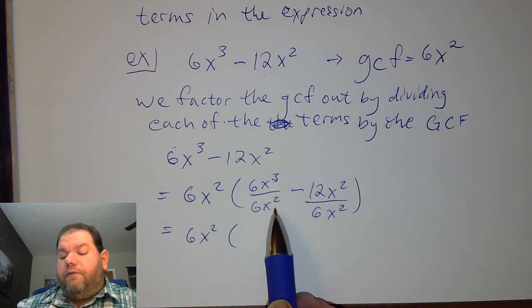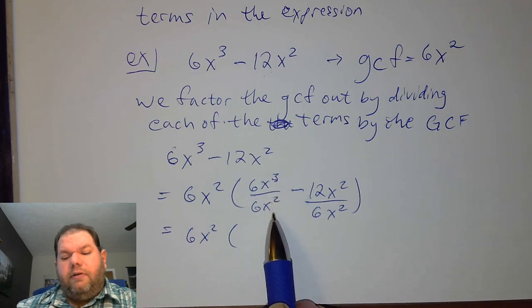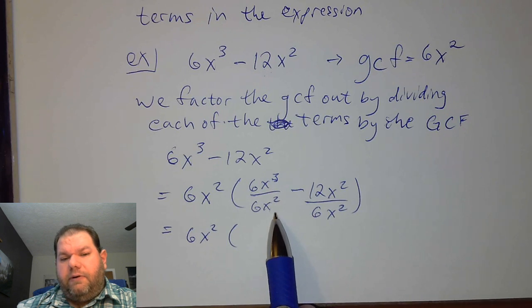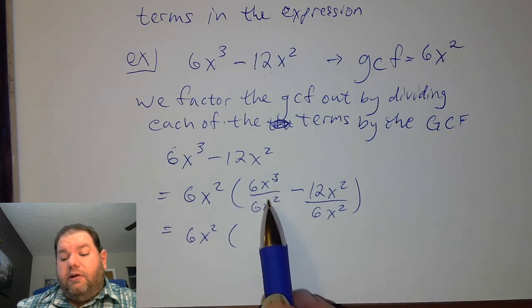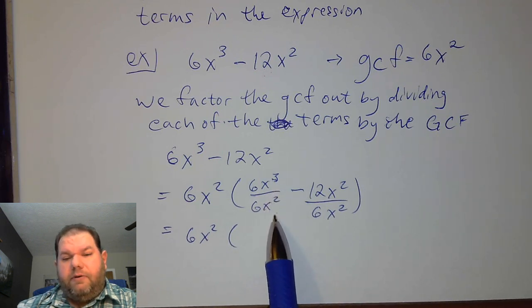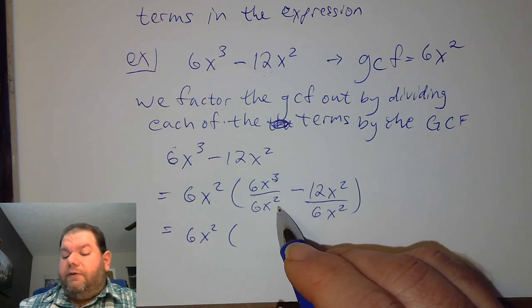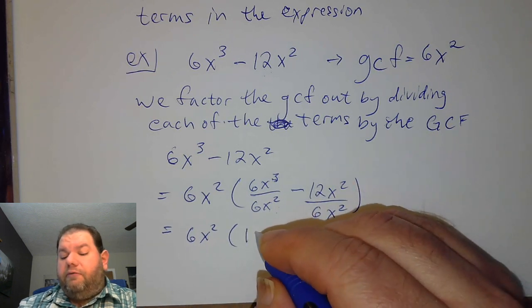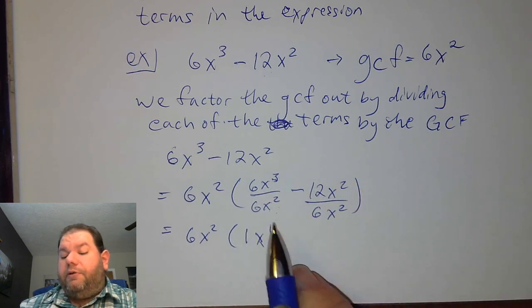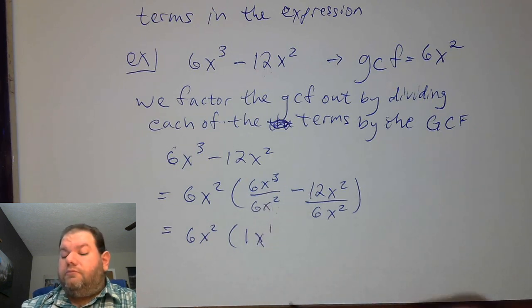And then x to the third divided by x squared. The way that we divide terms with exponents, as long as they have the same base, is by subtracting the exponents. So 3 minus 2 is x to the first. So it's really 1x to the first that we get when we divide those two together. What about 12x squared divided by 6x squared?